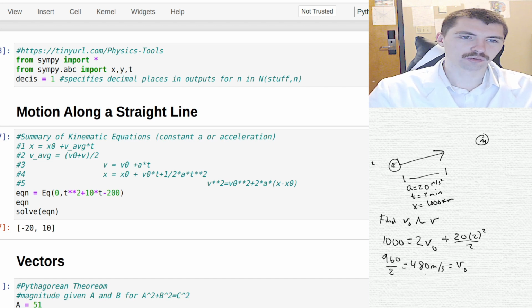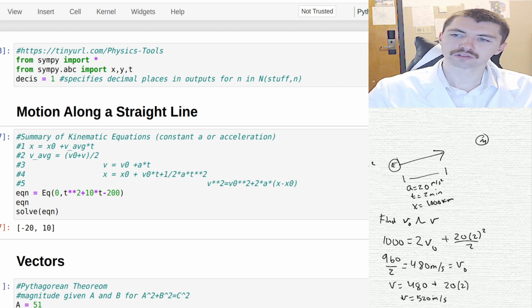And then if you want to find V, you take plus 20. I'm using equation 3 now. Plus 20 T. So 20 T, 40. So let's see if the answer is 520.